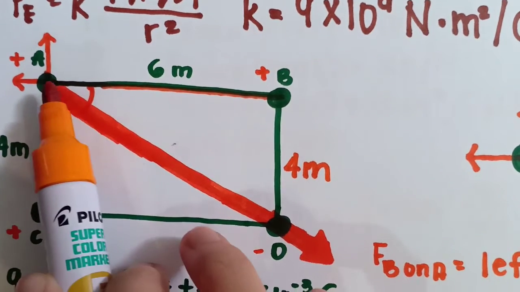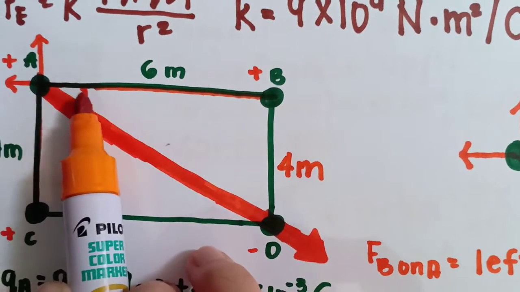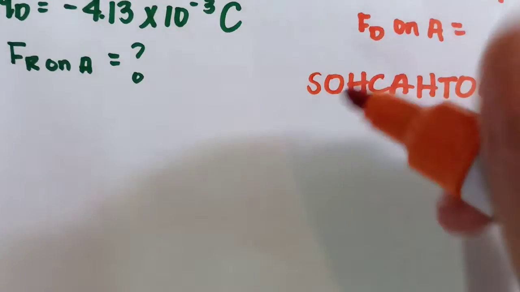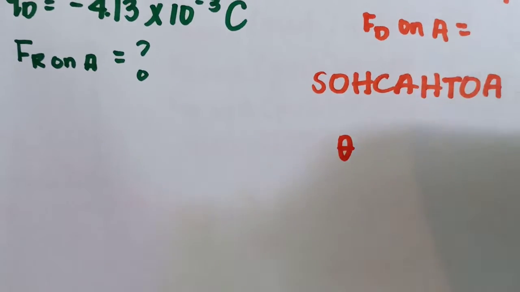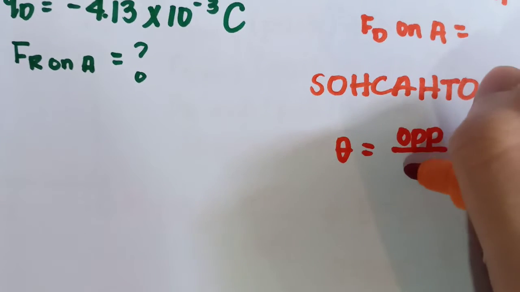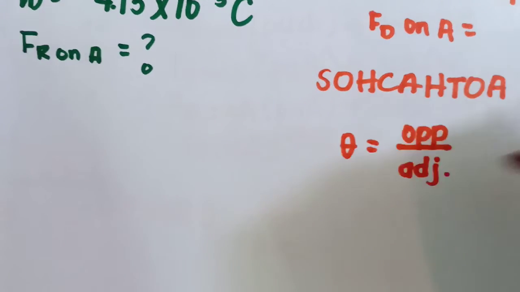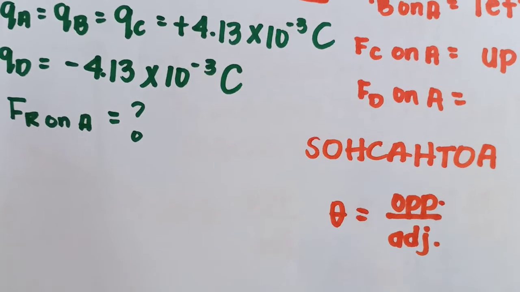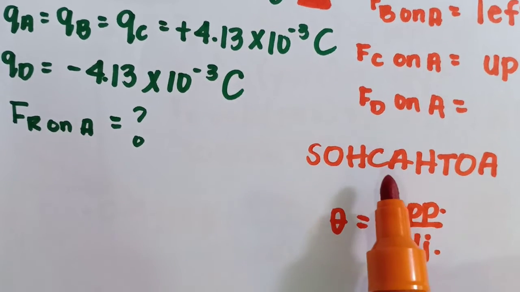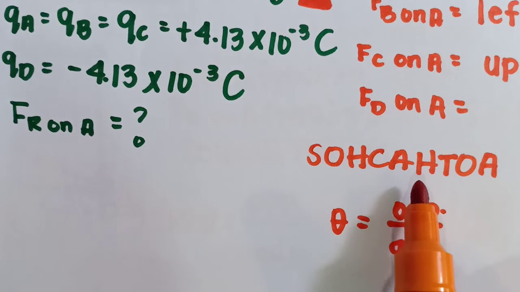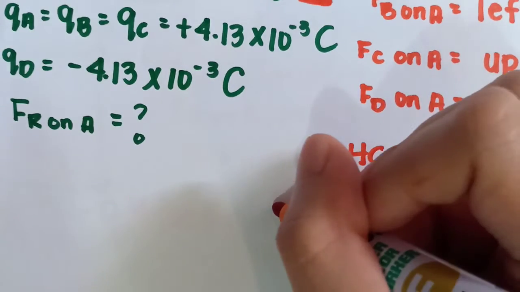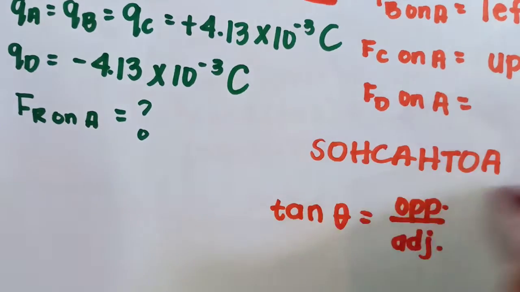Based on the angle, we have opposite and adjacent. Where does that belong in SOHCAHTOA? SO is opposite over hypotenuse, sine. CAH is adjacent over hypotenuse, cosine. TOA is opposite over adjacent, tan. We have opposite and adjacent, therefore it's tan.